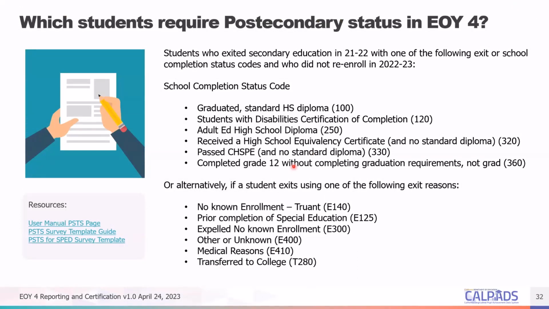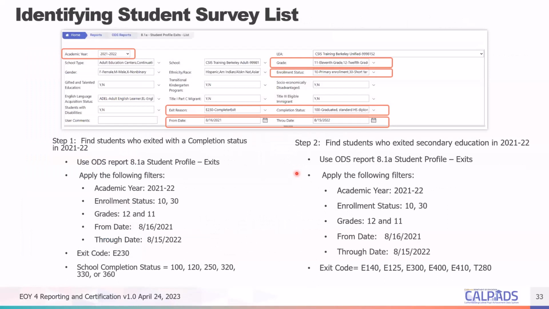Unlike the PSTS survey record in fall, the PSTS survey for end of year 4 is stored in your special education system. So all three files for end of year 4, your SPED, your SSRV, and PSTS, will all come from your SEDS software. To get the list from CalPADS, you just have to go to ODS report 8.1a.